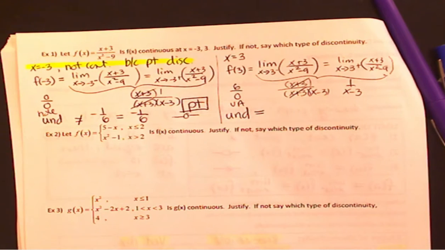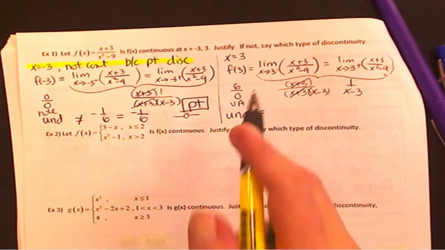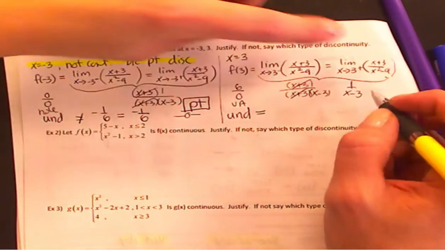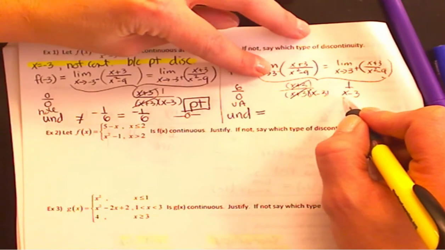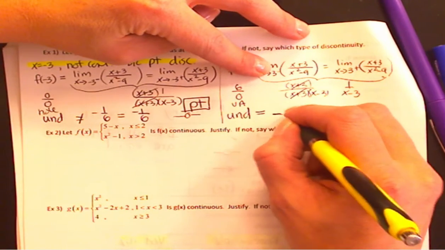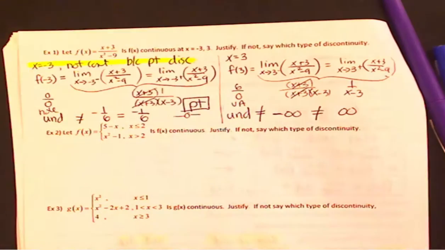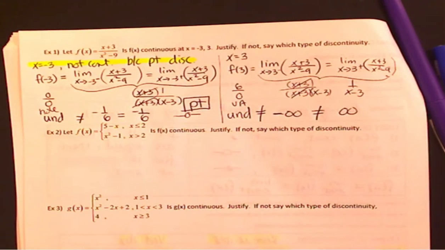All right. I already know it's a vertical asymptote, but I have the left and I have the right. Okay, to the left of positive 3, none of them are equal.